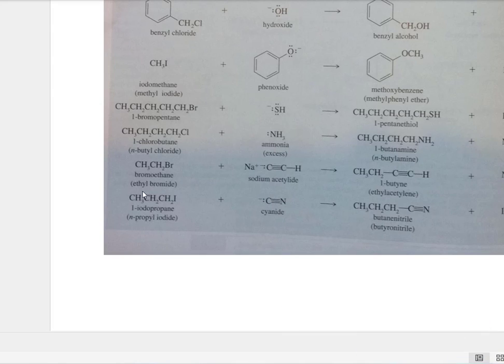So if we just flip the page, we'll see that there's one here that has sodium acetylide, which is the compound that we're reacting, or something similar to it anyway. And we've got this alkyl bromide. All right, so we've got something similar. So essentially the thing to notice, though, is that these two carbons, part of the triple bond here, are going to attach to this carbon right here where the bromine was.